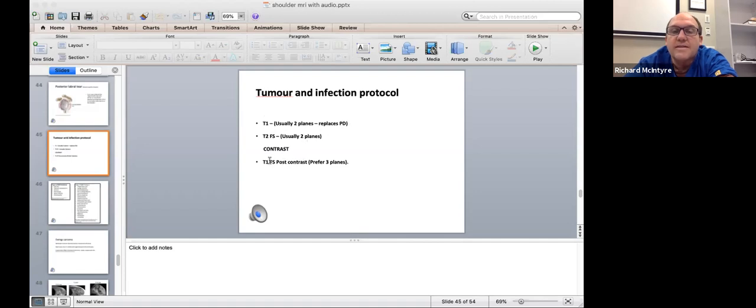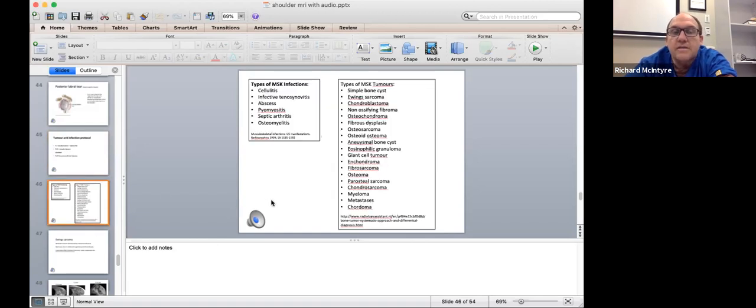We do the fat sat so as we don't get a signal from fat, because we know that when we do T1, fat's bright. If the contrast is bright, then the contrast can get mistaken for the fat or it can get hidden in the fat signal, okay? So simple, let's null the signal from fat and then the contrast stands out. So if something's bright, it's more likely to be contrast than anything else, okay?